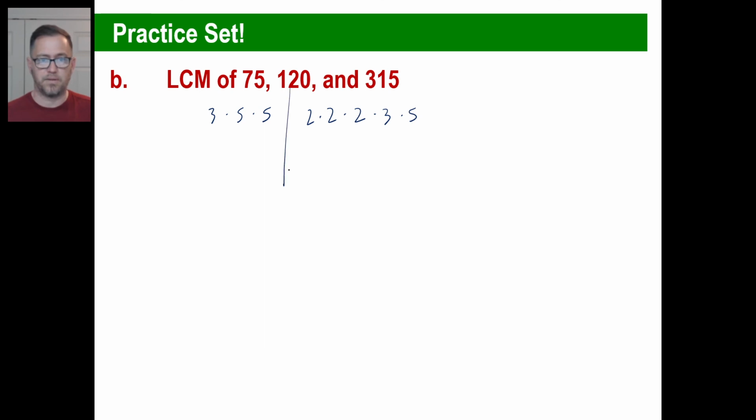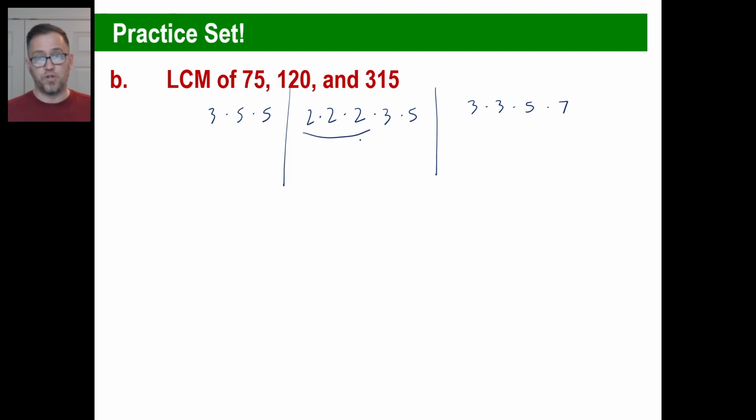All right, let me separate these things. Okay, that's 15, yep. Okay, 315, oh boy. That'll be 5 times 63, which is 7 times, so that'll be 3 times 3 times 5 times 7. That's 315. Okay. All right, I think that's right.